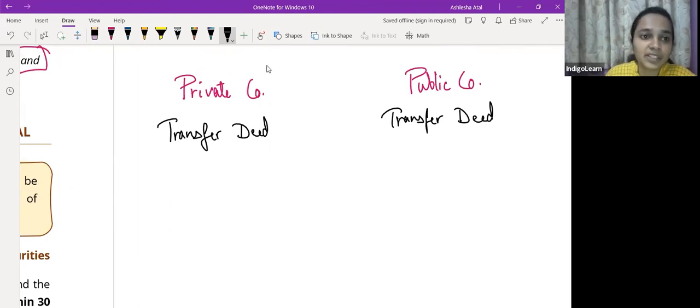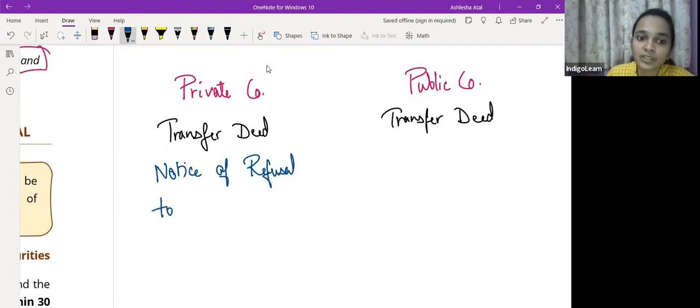So private company, say I had shares of a private company and I transferred the shares to someone, I sold the shares to someone, I've also filed a transfer deed with the company. But company मेरा transfer deed देख के refuse कर देता है to register the transfer for some reason. So whenever a private company is refusing to register a transfer, it has to send this notice of refusal to whom?